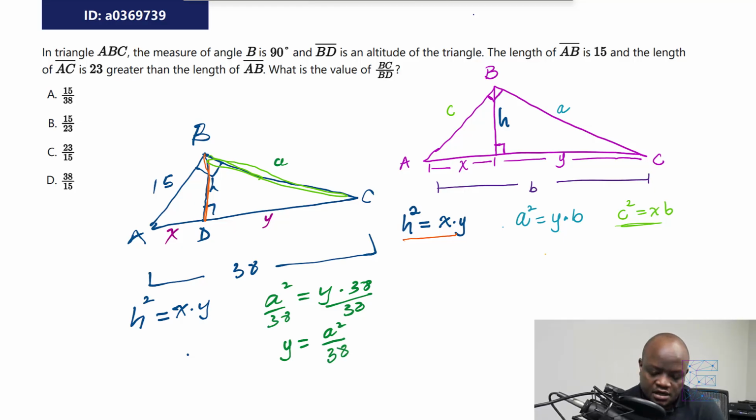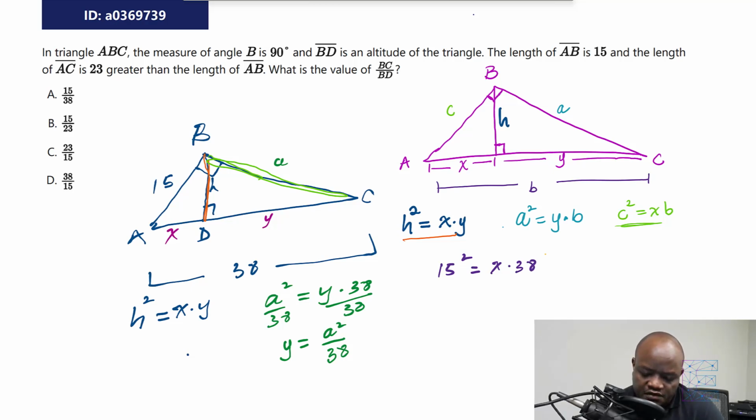Now remember, the h equation features y, so we can plug in the y value that we just found into it. But before we do that, let's try to figure out what x is. To find x, we're going to apply the other rule, which we can call the blue rule. It says 15 squared equals x times 38.